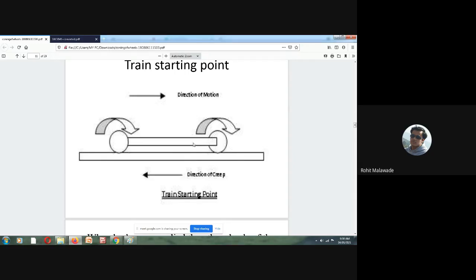When you try to move your wheels forward on the rail, the rails will try to move in the opposite direction. This is what we call the longitudinal movement of the rail, so this is the creep of rail. Is it clear?